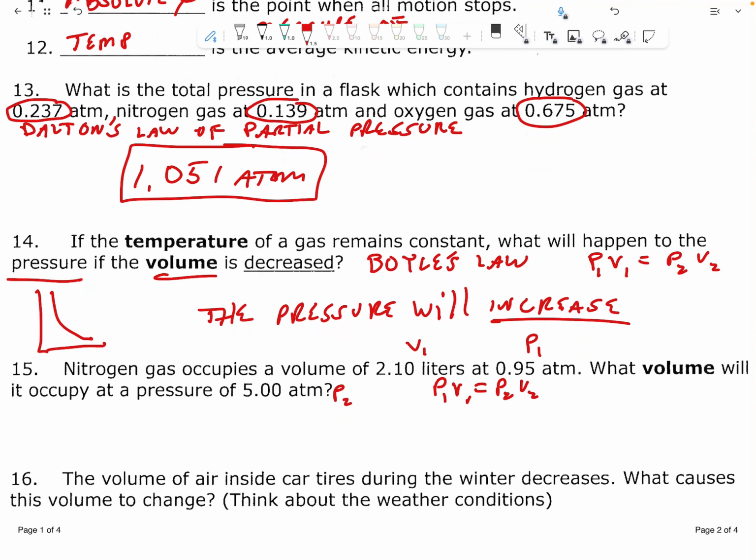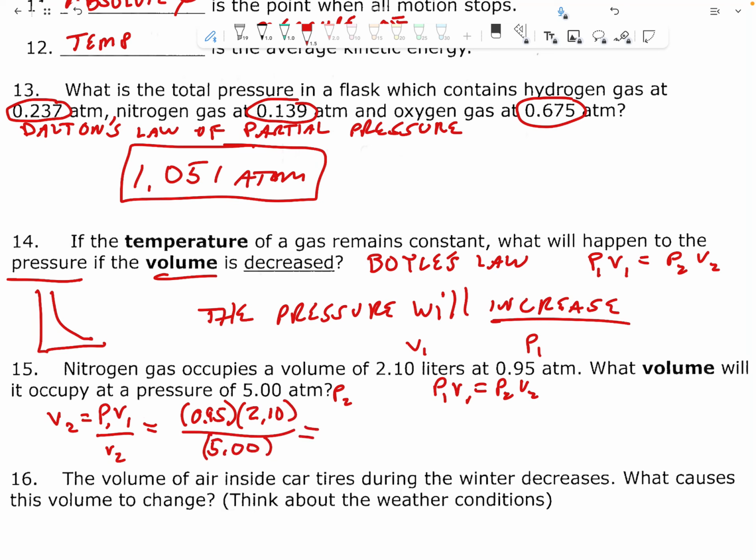So V2 is going to equal P1 times V1 over P2. Okay, that's how you rearrange it. And so we substitute our values in, and that would be 0.95 times 2.10 divided by 5.